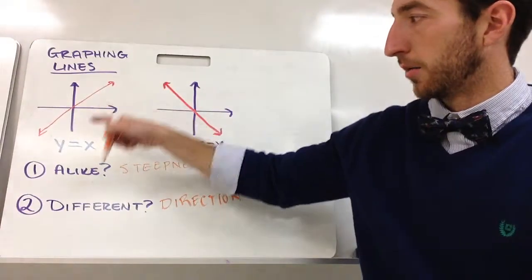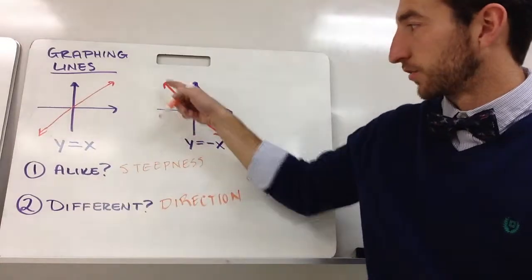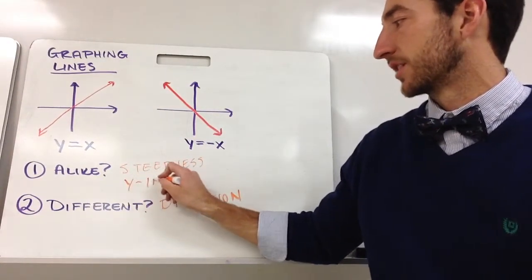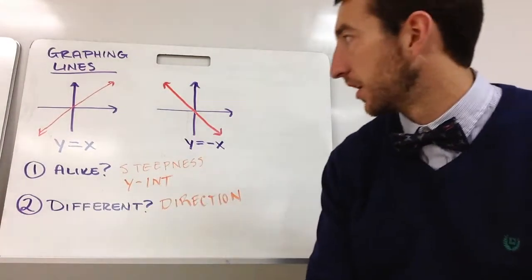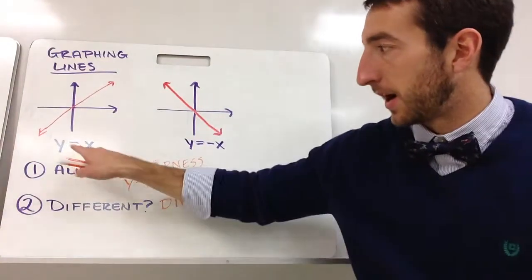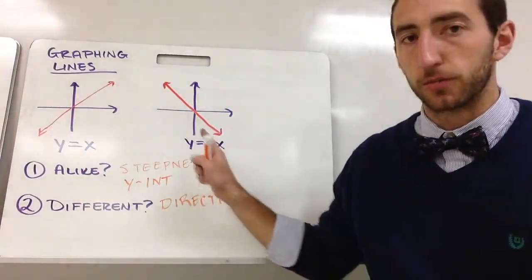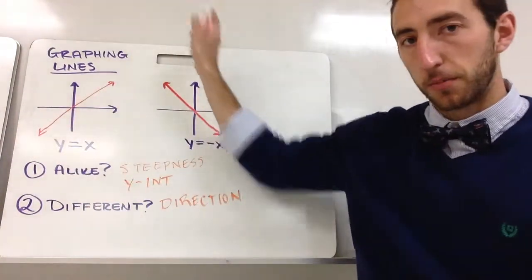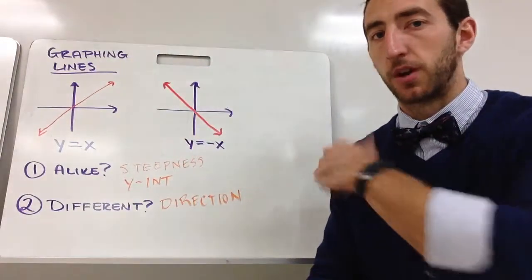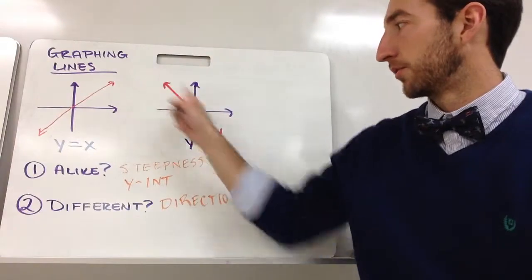This one's going uphill because my slope is positive. This one's going downhill because my slope is negative. We can also say that the y-intercepts are alike as well. And that would be the difference between a positive slope and a negative slope. So positive goes uphill, negative goes downhill from left to right. So if you're looking from left to right, uphill, from left to right, downhill.